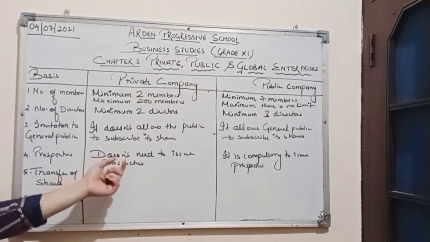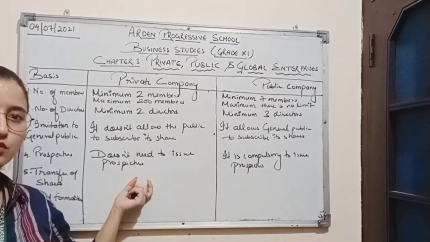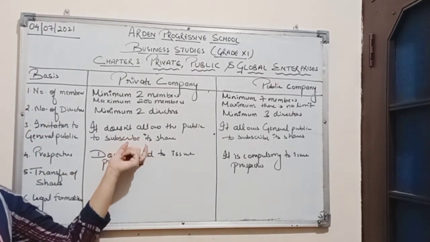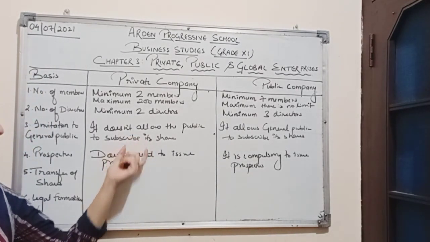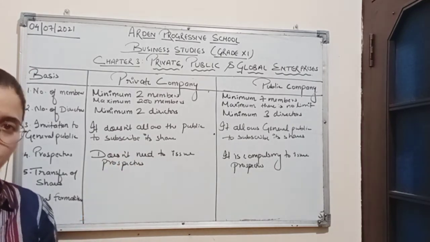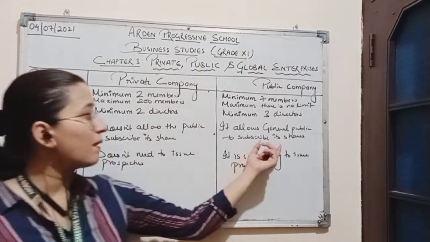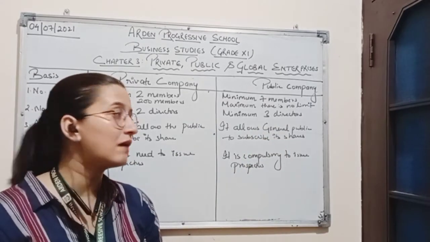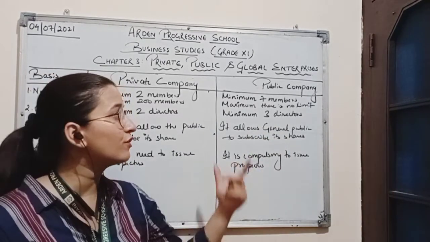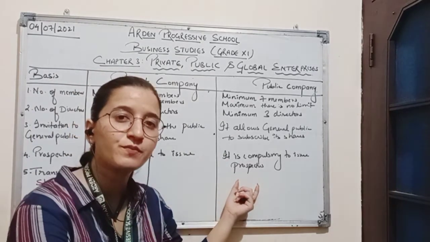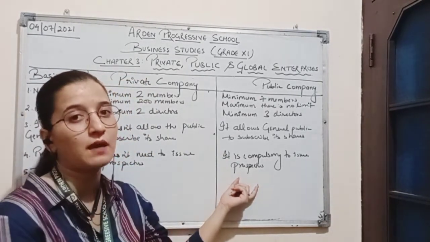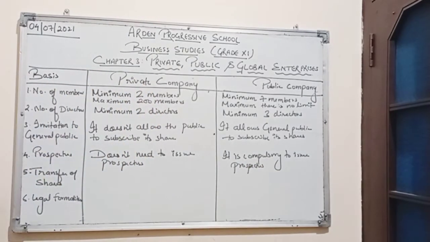Private company does not need to issue the prospectus because the general public is not allowed to subscribe the shares of the company. Whereas in a public company, as we know, the general public subscribes the shares, so it becomes compulsory to issue a prospectus, so that the general public can know about the company through the prospectus.